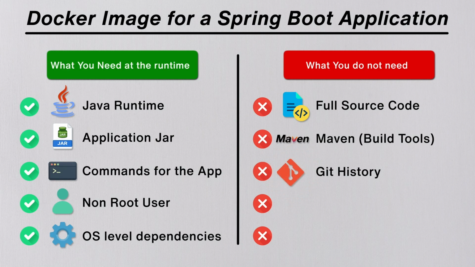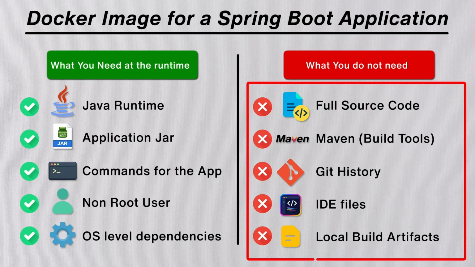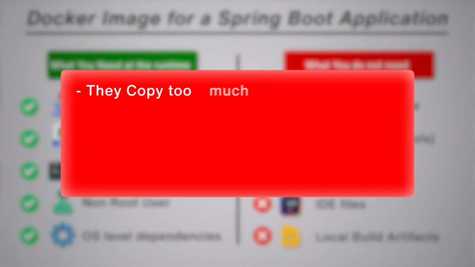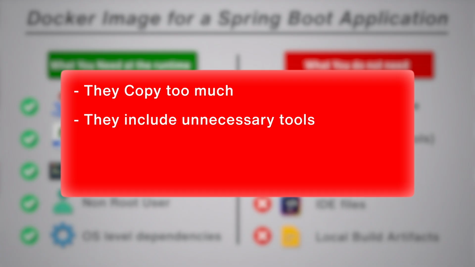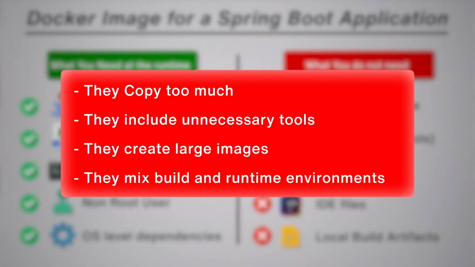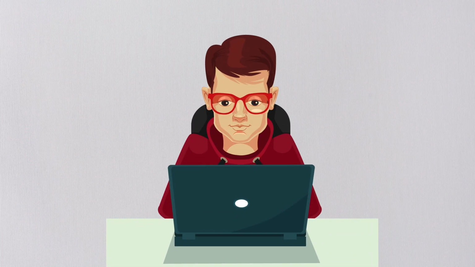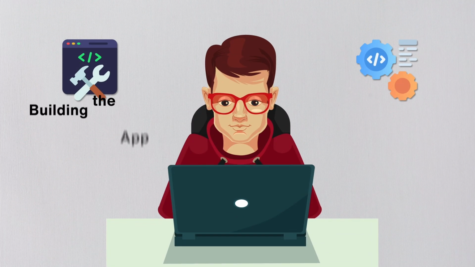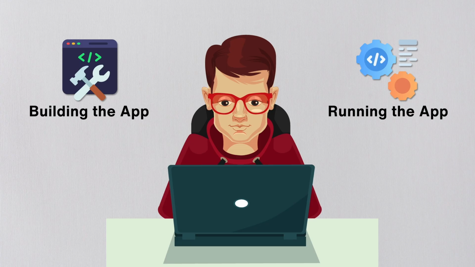We don't need the Git history or the IDE files. We don't need the local build artifacts from our machine. This is where many Dockerfiles go wrong. They copy too much. They include unnecessary tools. They create large images. They mix the build environment with the runtime environment. As developers, we should separate those two concerns. Building the app is one thing, running the app is another thing.